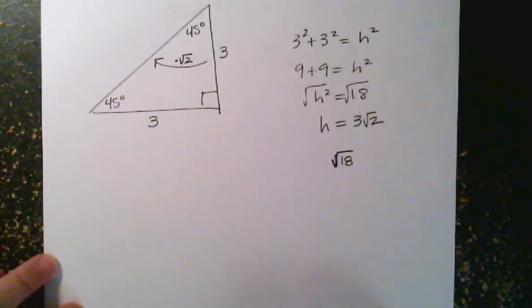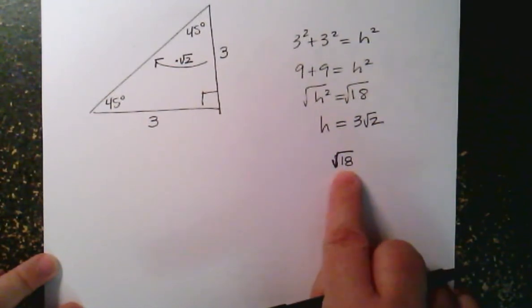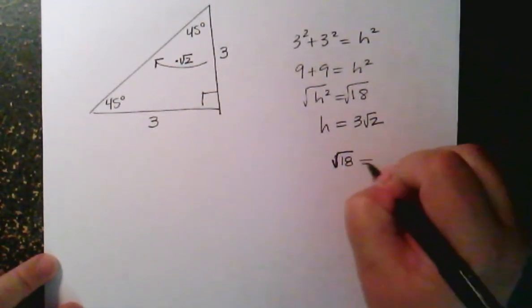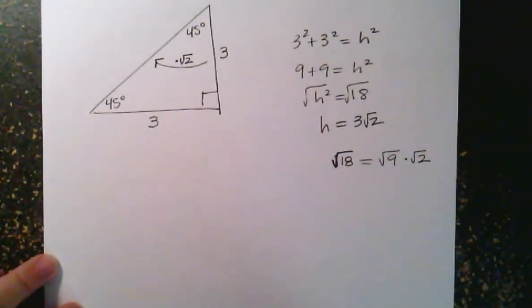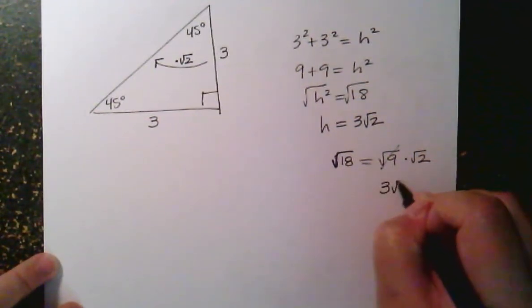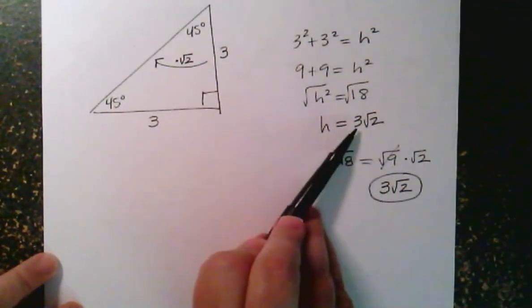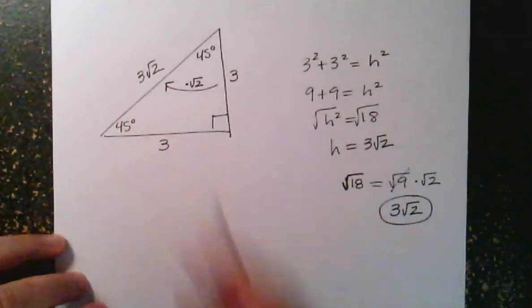So 4 is a perfect square because 2 times 2 is 4. 9 is a perfect square because 3 times 3 is 9. 16 is a perfect square because 4 times 4 is 16. 9 is the perfect one we want. 9 goes into 18 2 times. The reason we're doing this is because the square root of 9 can come out. Square root of 9 is just 3. And so that's how we get this answer. So this will be 3 root 2.